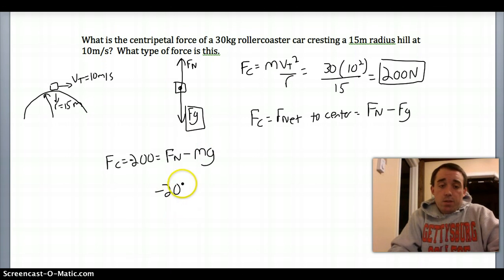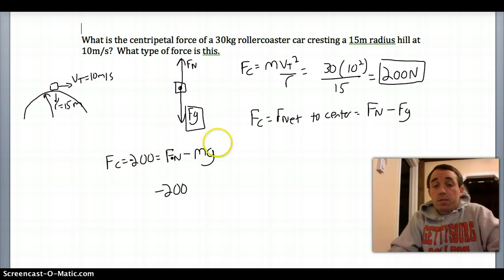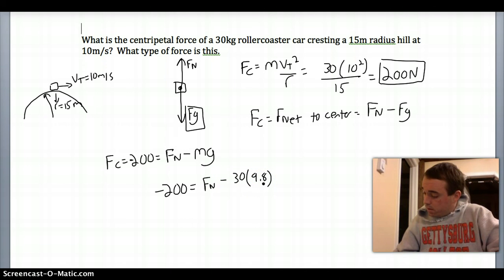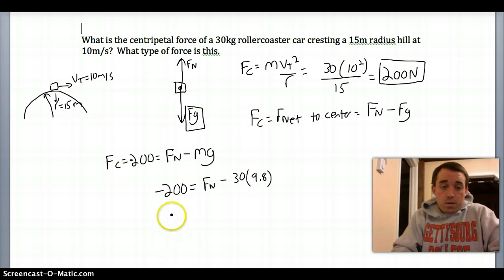So we can set up this equation to try and find the normal force. And again, I'm doing this because in the worksheet that you'll get, or already have, you have a similar type of problem. So we have to find the normal force. So we have Fn minus 30 times 9.8. 30 times 9.8 is 294. So you have negative 200 equals normal force minus 294.